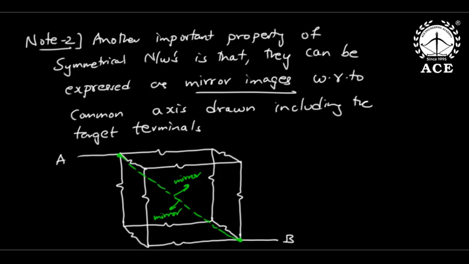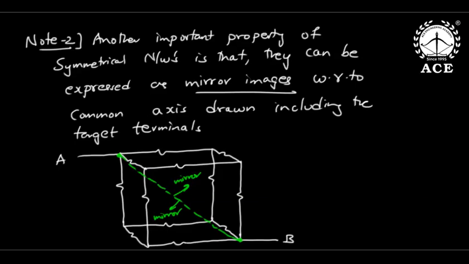So symmetrical networks are mirror image networks. Symmetry is a mirror image property. See, we also learned, suppose you remember when I was teaching unilateral bilateral elements, in bilateral elements, the VI characteristics are symmetrical mirror images in quadrants 1 and 3.